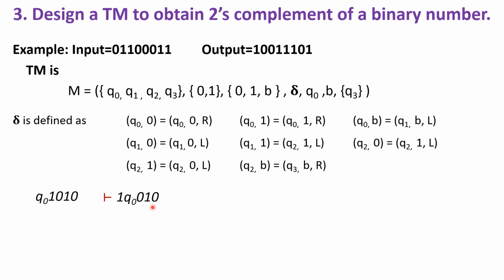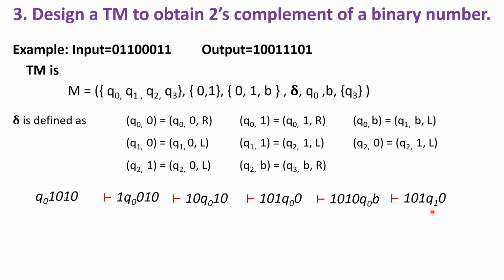So you can see here Q0 0, 0 kept as it is, move towards the right. Q0 1, 1 keep as it is, move towards the right. Q0 0, keep 0 as it is, move towards the right until you come across a blank. Once you come across a blank, change the state from Q0 to Q1. Keep blank as it is, move towards the left.